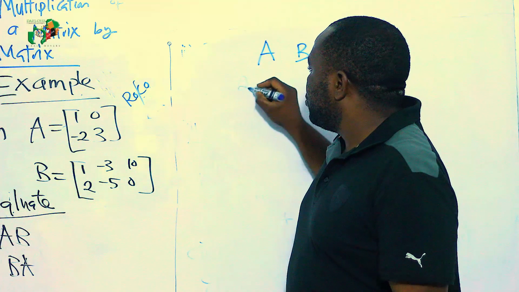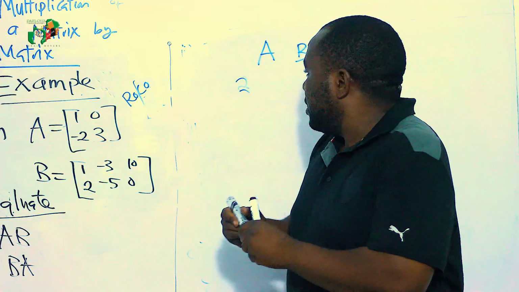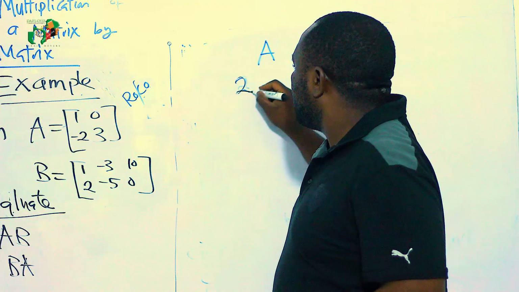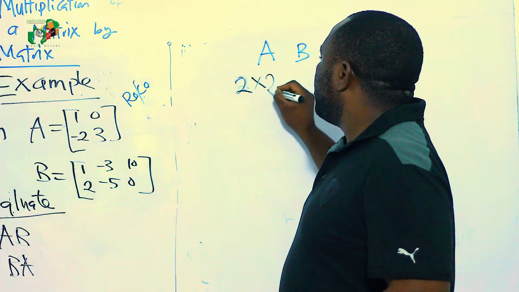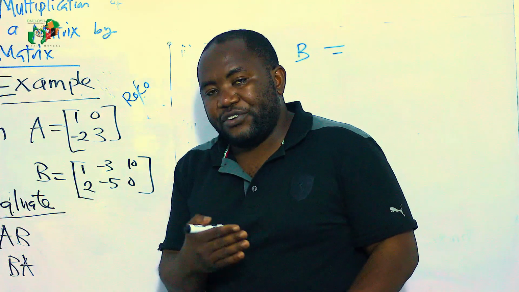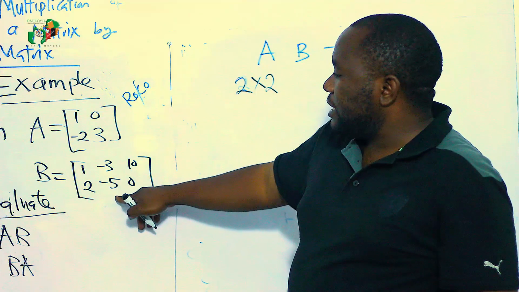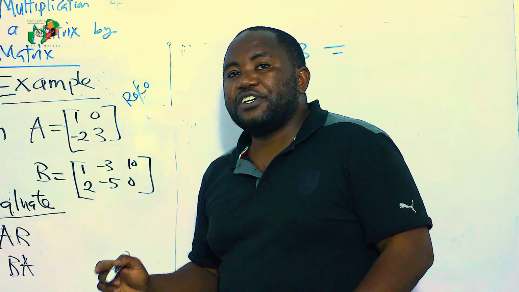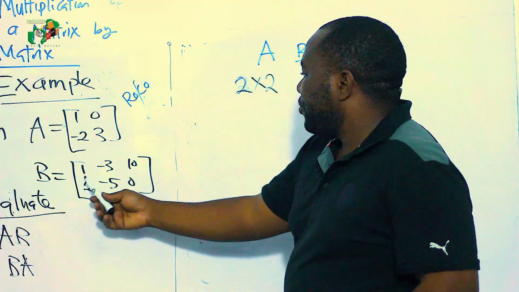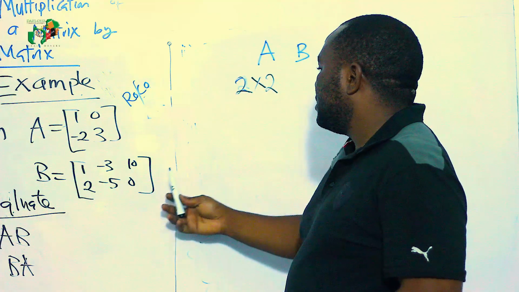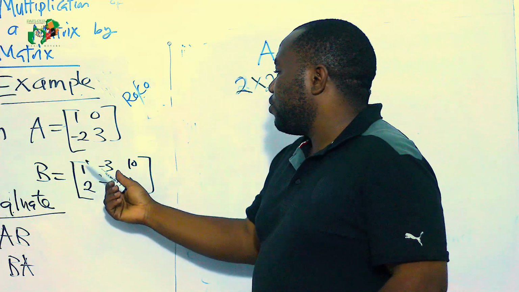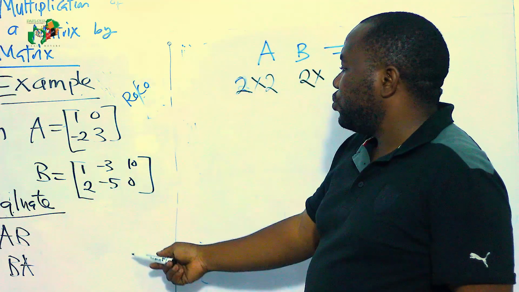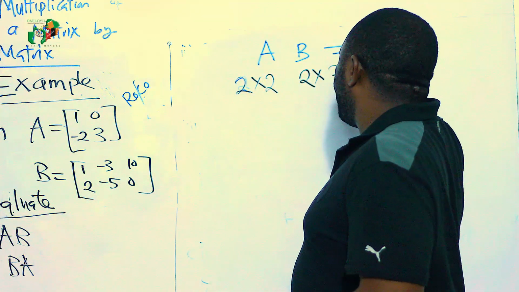So that's a 2 by how many columns? 1, 2. It's a 2 by 2 matrix. What's the order of matrix B? How many rows do we have? 1, 2. So we have a 2 by how many columns? 1, 2, 3. We have 3.